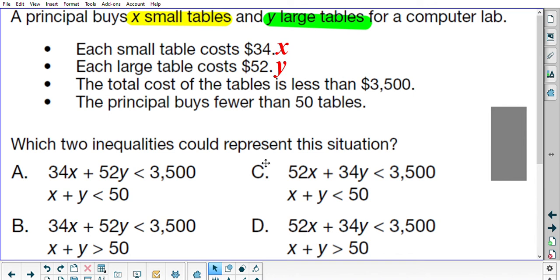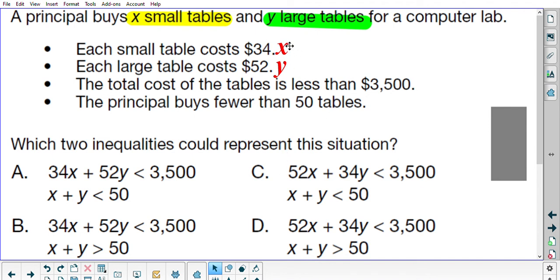And if you look here at the answer choices, you will see 34 and 52 being multiplied to an X or a Y. But take a look at how choice C and choice D accidentally have the 52 multiplied to the X and the 34 multiplied to the Y. As you can now see, that is totally wrong.